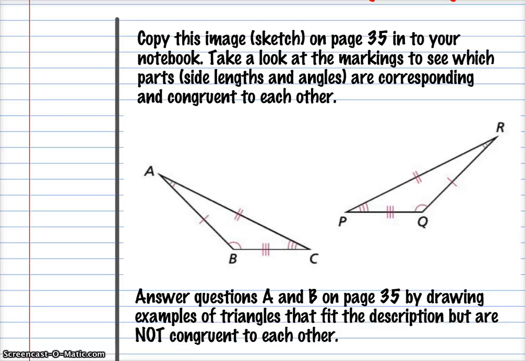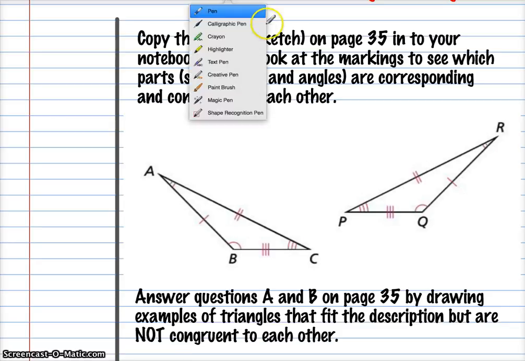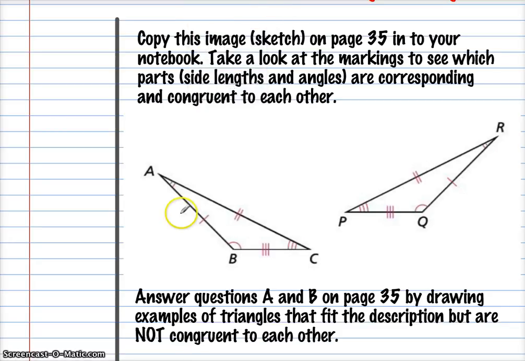Okay, so these are geometric markings used in geometry to identify congruent parts. Okay, so these hash marks here, a single hash mark means that these sides are congruent.